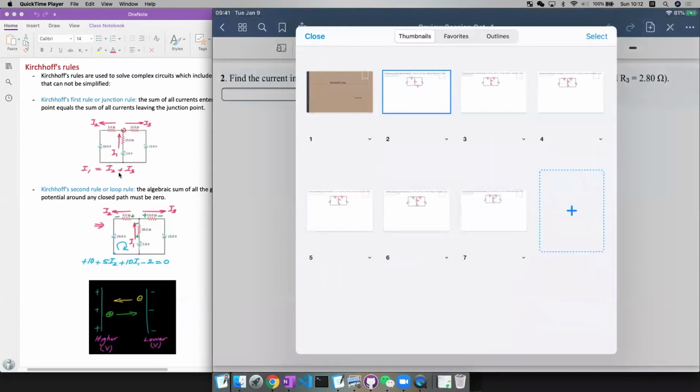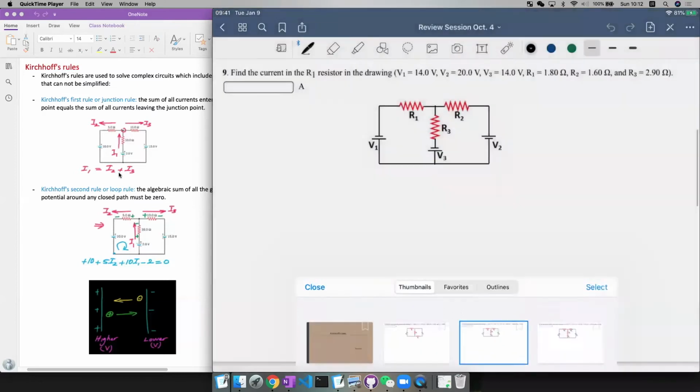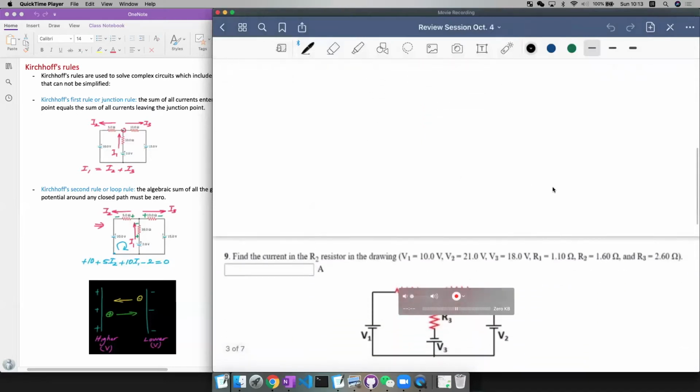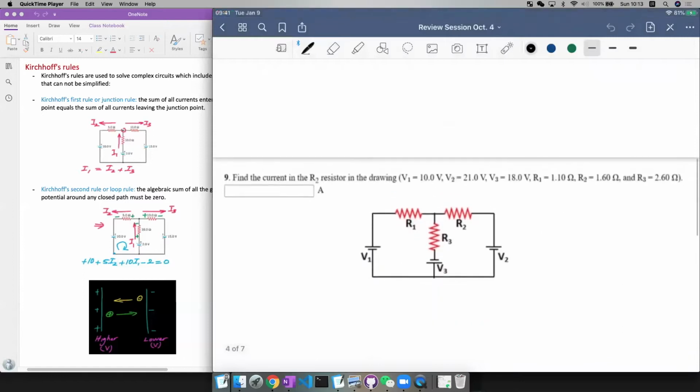So I'm thinking that we could solve them together, so you know how to apply this method to different questions. The question itself is the same, but the figure is a little bit different. Like for this one, the direction of the power is different from this one. So that is what we're going to do today.